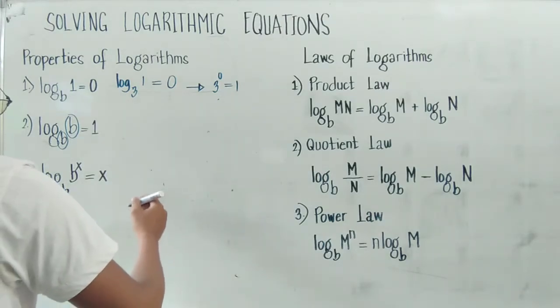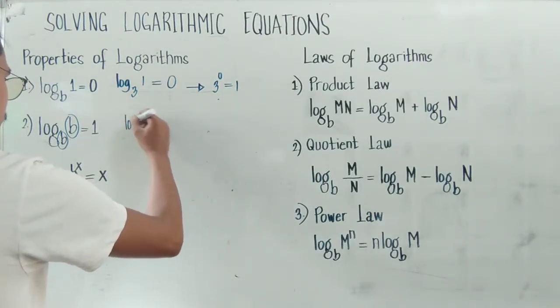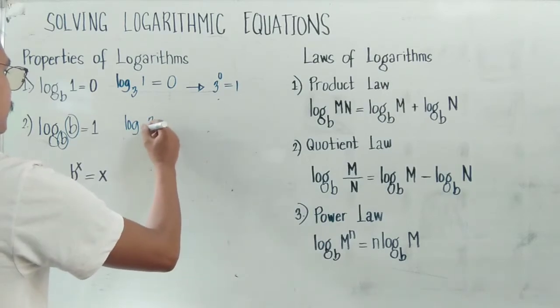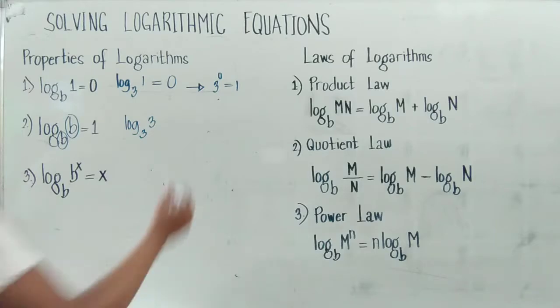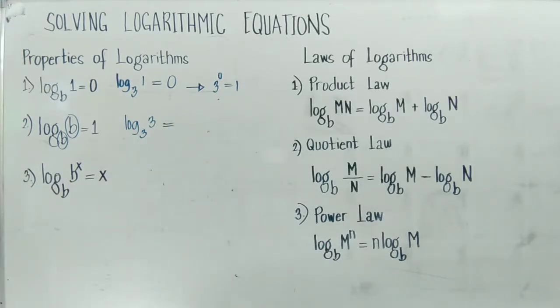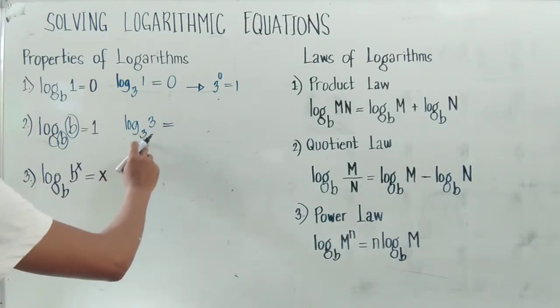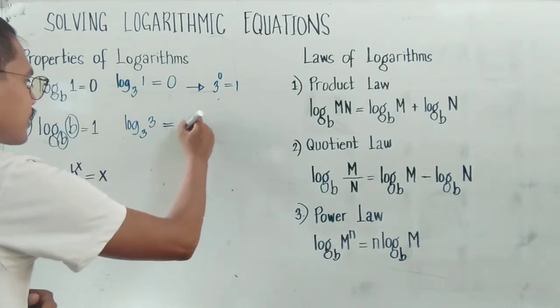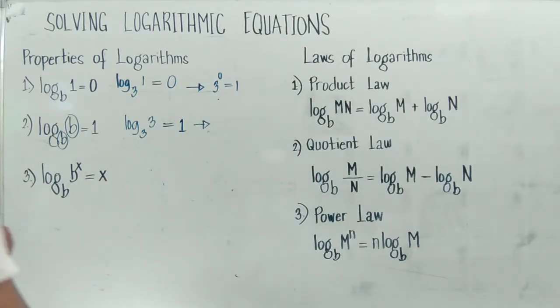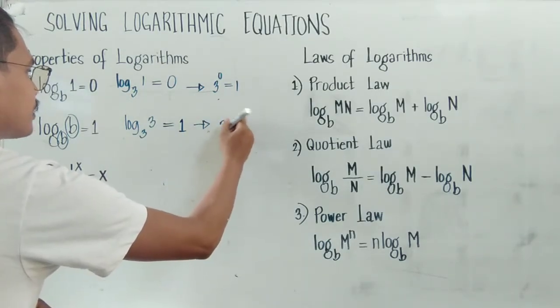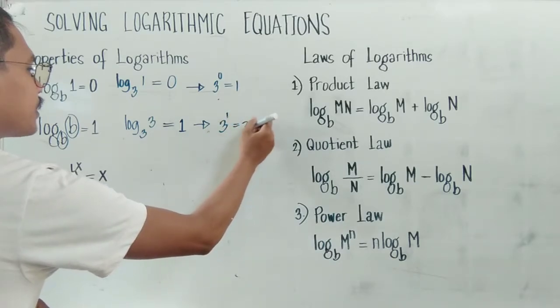For example, what is the log of 3 base 3? The number and its base are the same, so the correct answer is 1. In exponential form, we have 3 raised to 1, which is 3.